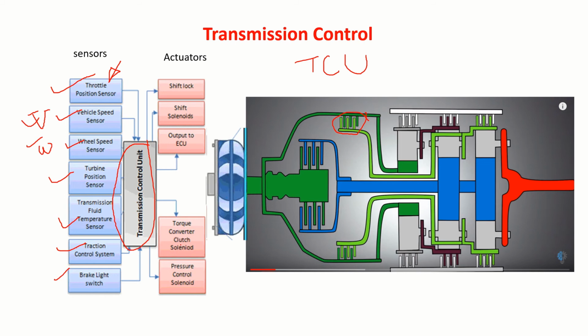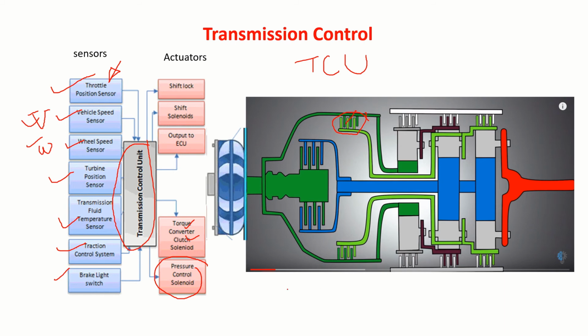Then there is the torque converter clutch solenoid, which decides whether it is to be locked or not, depending on the relative speed between the impeller and the turbine. Again, the amount of pressure required to apply the force is decided by this ECU, and accordingly it is operated.